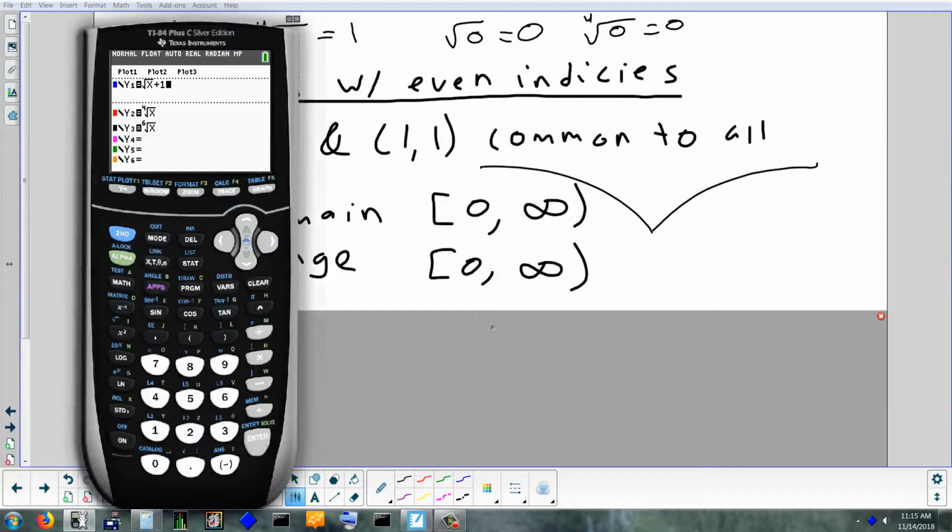That's going to shift it up 1. Now it won't go through those points because you've done something to it. See how much higher it is now? When I say they go through 0, 0 and 1, 1, I'm just saying if you don't move them around and leave them the way they are. But now it's been shifted up.